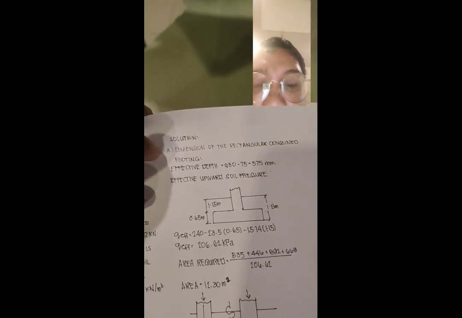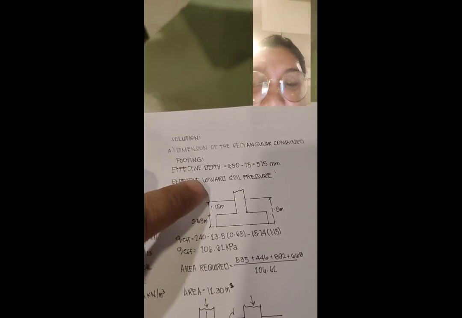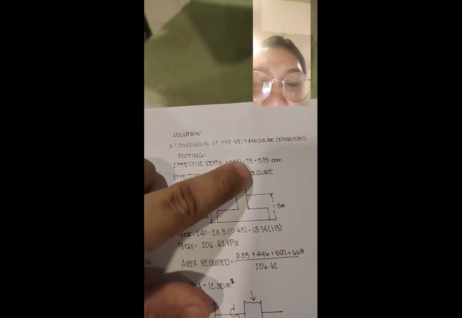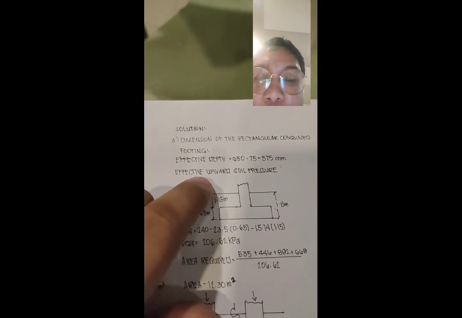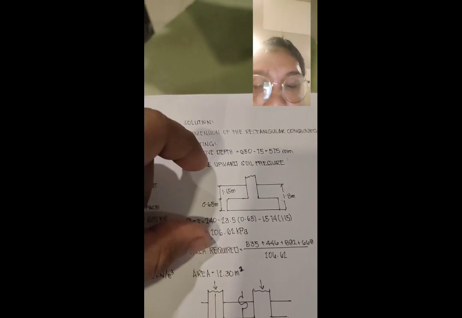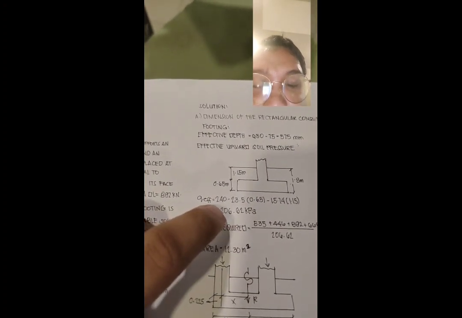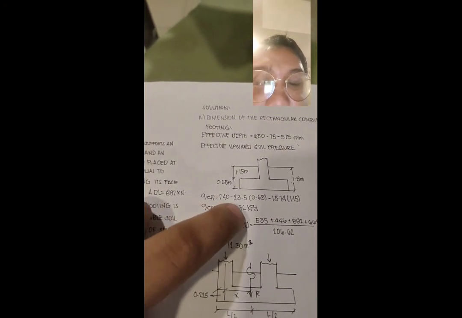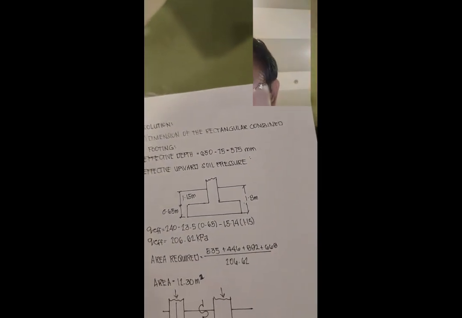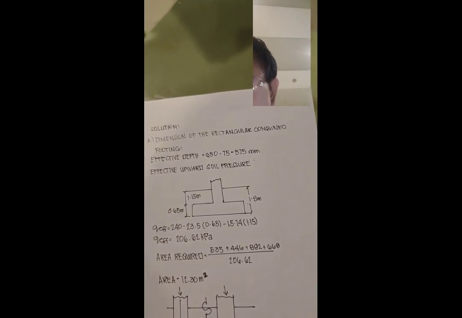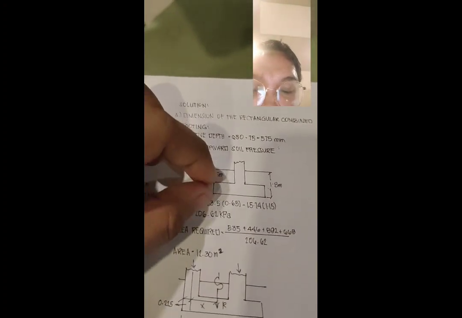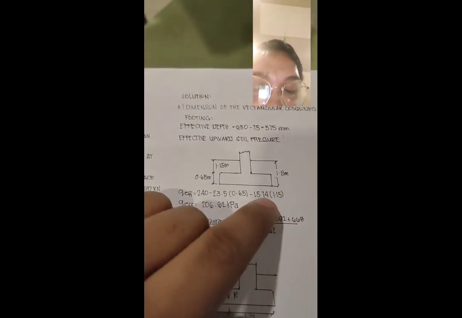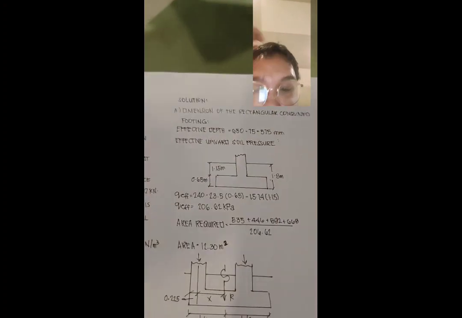For A, the dimension of the rectangular combined footing, the effective depth is 650 minus 75. We get an effective depth of 575 mm. So the effective upward soil pressure, to get the qe, is equal to 240 minus 23.5, the unit weight of concrete, times 0.65, the height of the footing, minus 15.74 times 1.15.